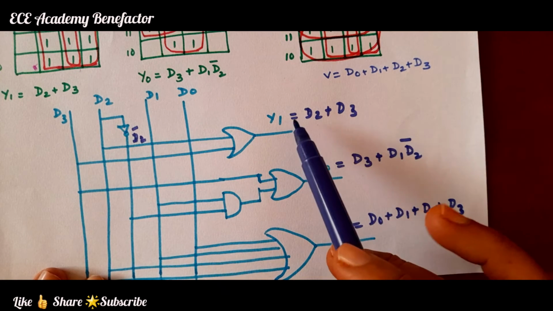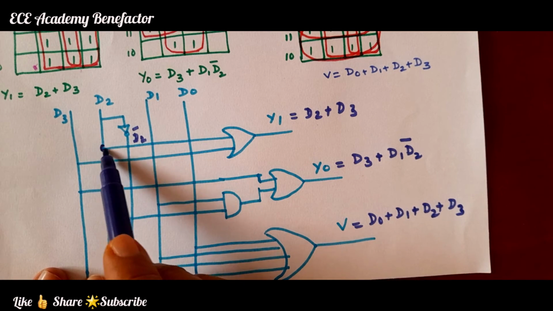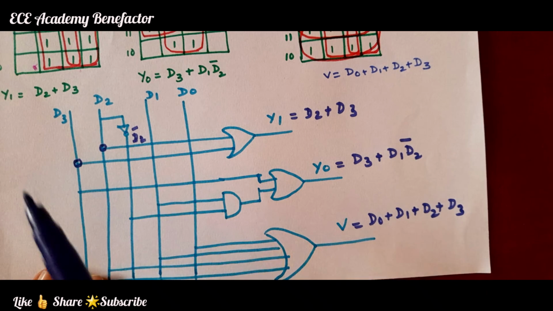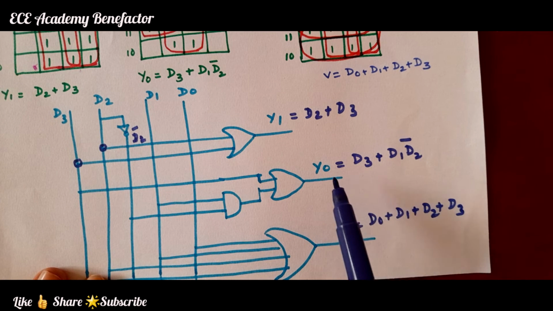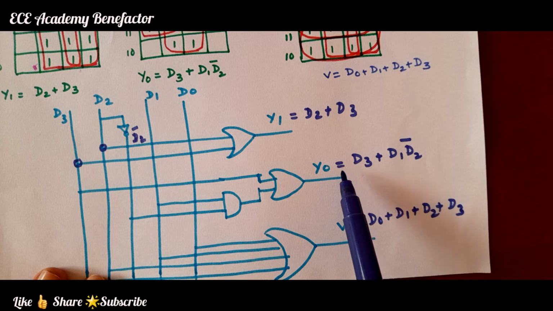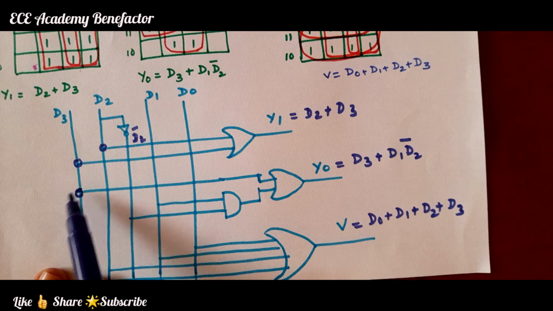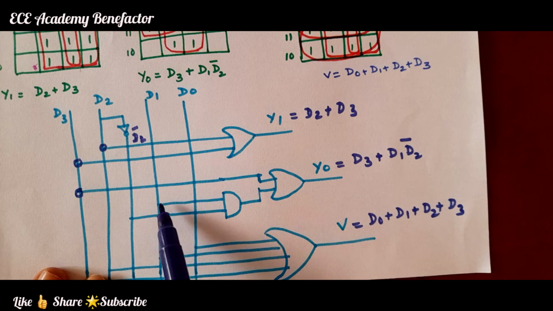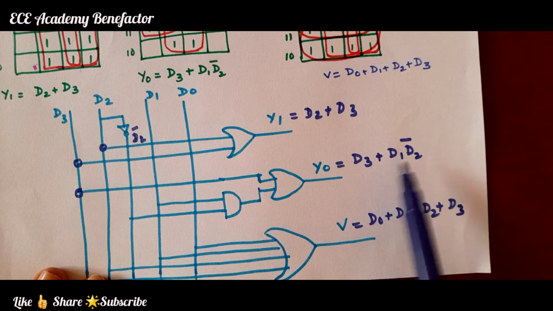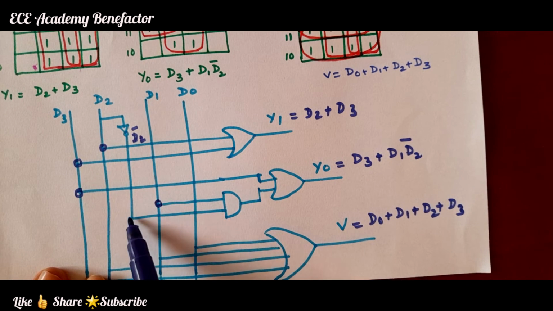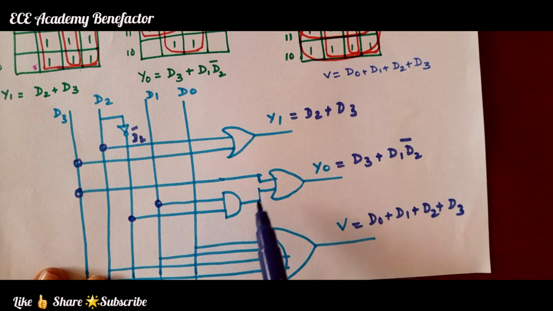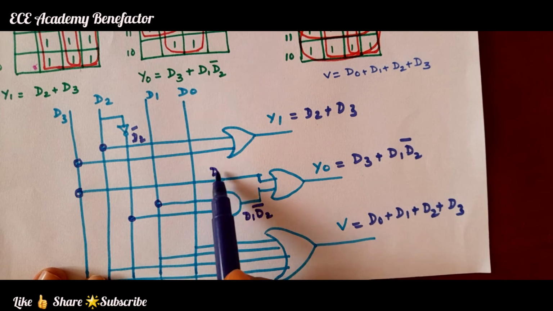To generate Y1, we need to connect D2 and D3. For getting Y0, we take the input from D3 and from D1 and D2 bar, where D1 and D2 bar are given to an AND gate. So here we are getting D1 D2 bar and here D3 is coming.